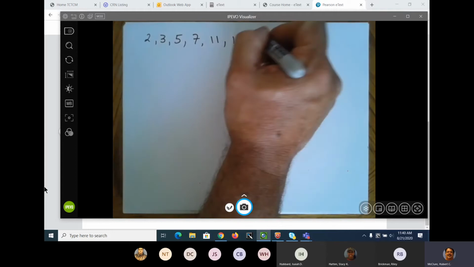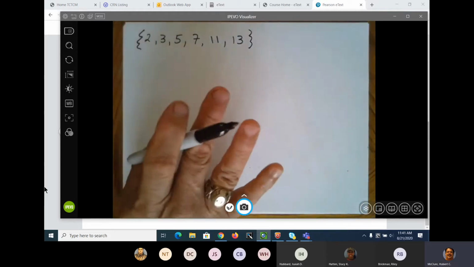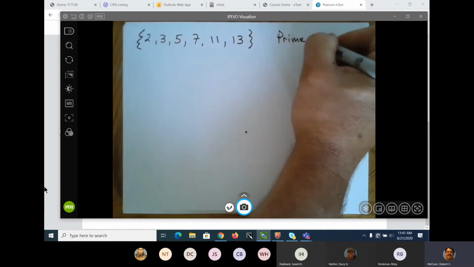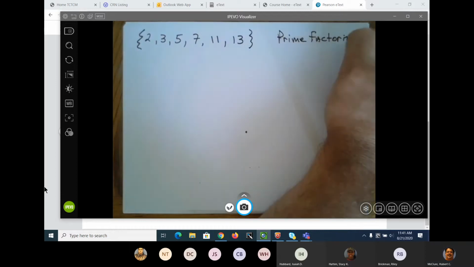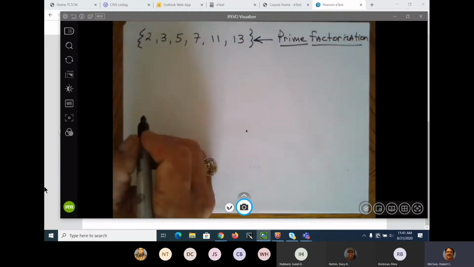And in this class, that's all you need to worry about. So whenever we do something with prime factorization, we're going to focus on these numbers.